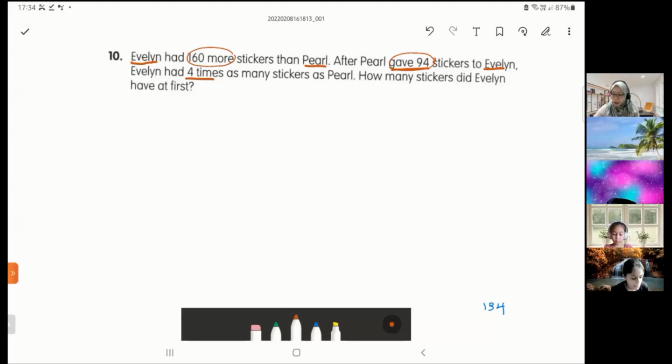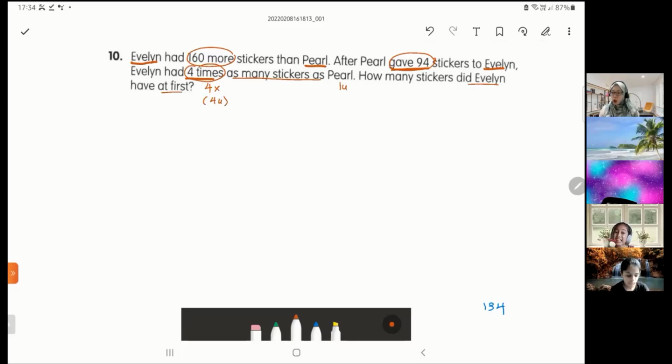Then after giving, Evelyn has 4 times as many as Pearl. Remember, I say 4 times. Do not write it as this, but you write it as this. So the next person, which is Pearl, nothing is mentioned, right? So it's always 1 unit. How many stickers did Evelyn have at first?